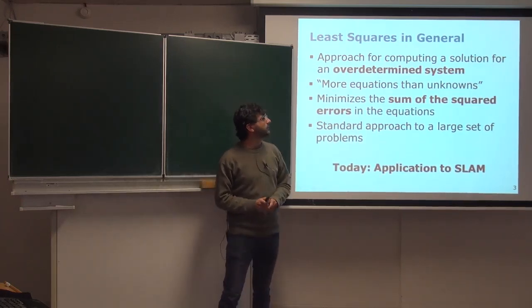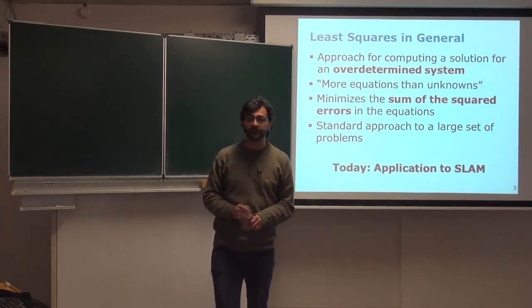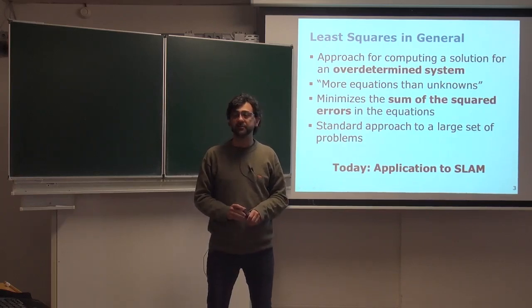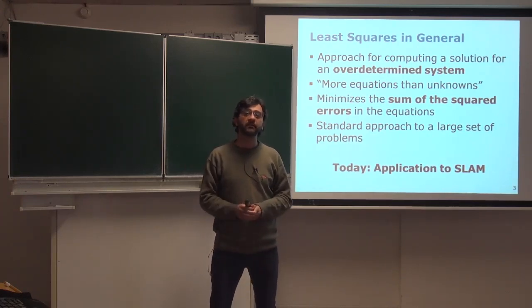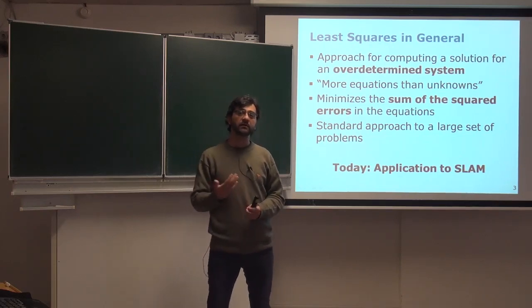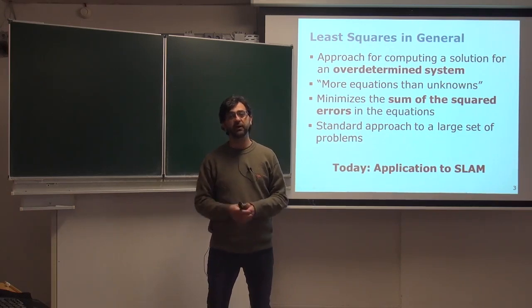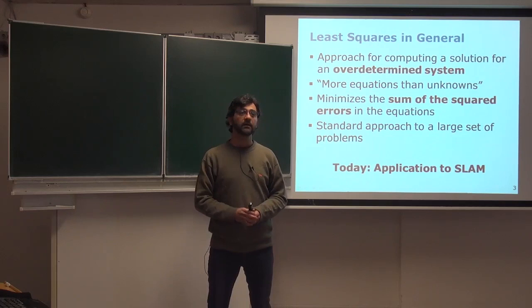Before going there, a bit of recap on least squares. In general, and as we have seen also in the last lecture, least squares is an approach for computing a solution of an overdetermined system of equations. In general, this is a linear system and it's called linear least squares, but we also have seen how to do it for systems which are nonlinear.